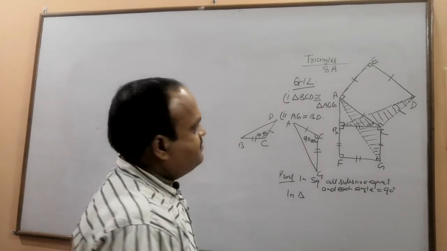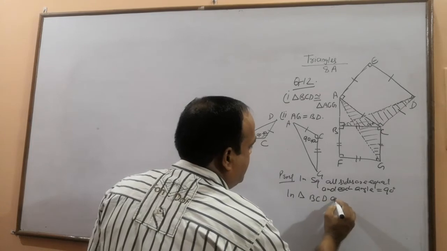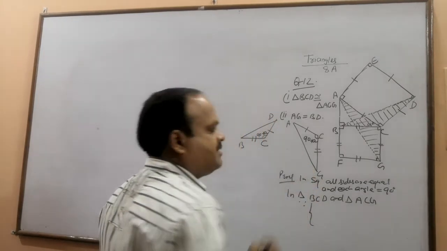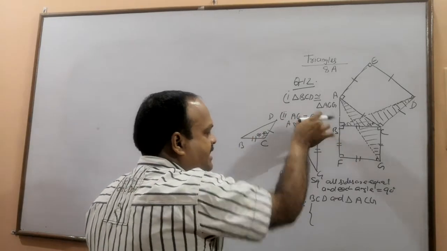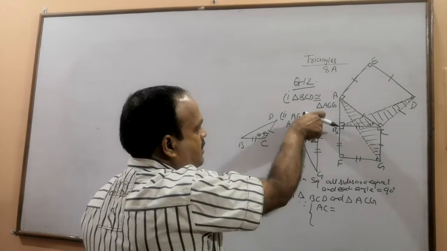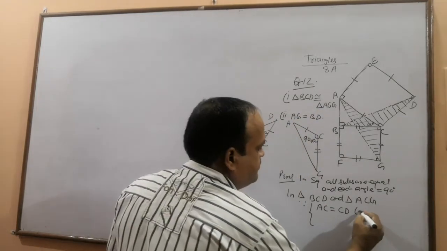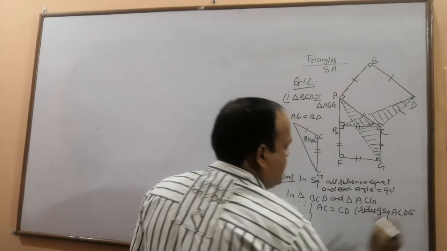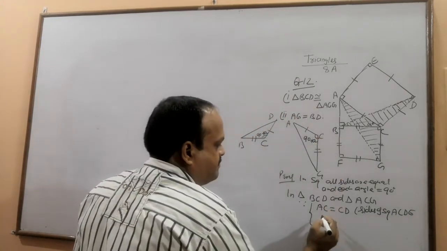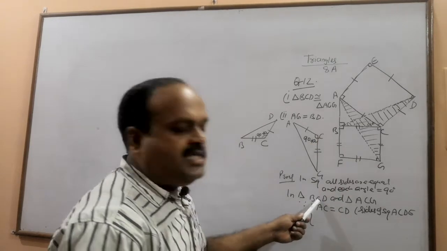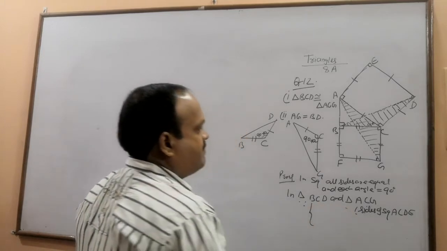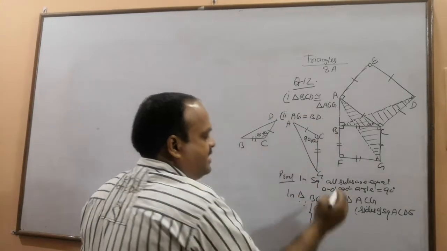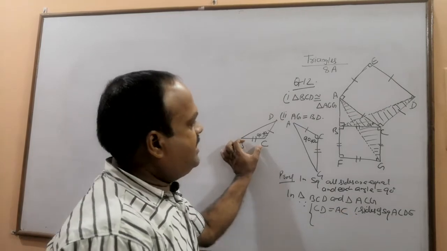So in triangle BCD and triangle ACG, since as I mentioned here, AC equals to CD, sides of square ACDE, then I have taken BCD as the first triangle, so I will write here CD equals to AC, BC equals to CG.